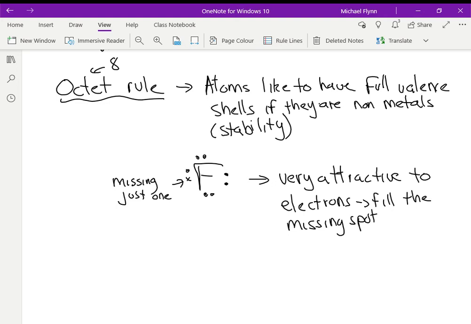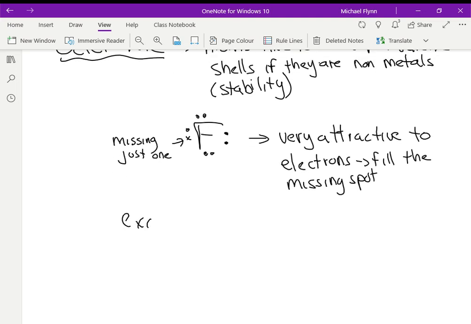The only exception is hydrogen. Hydrogen only needs 1 electron, so I'll say this, the exception. And hydrogen is kind of an exceptional element just because it's in the first row and it doesn't have a full shell. Hydrogen has 1, but the first shell only holds up to 2. So it's not an octet for hydrogen. It has 1 empty spot there. Okay, so hydrogen is very reactive, just like fluorine.